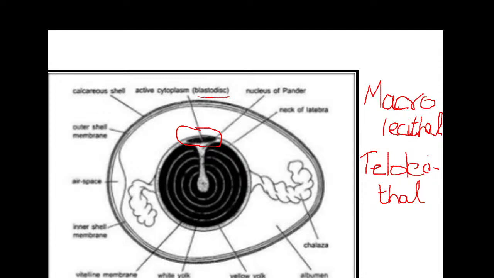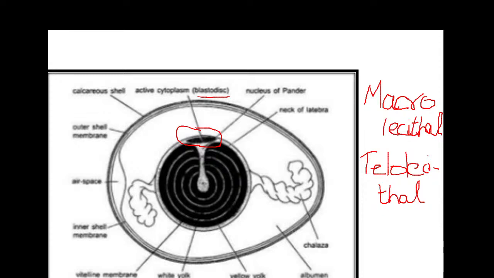That is the blastodisc, and the embryonic development is limited to this blastodisc. It is yolk-free cytoplasm with the zygote nucleus. Yolk is not found in that region. It is from this region that the embryo proper, or the chick, develops.